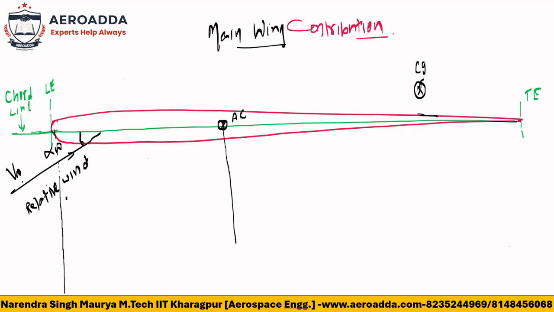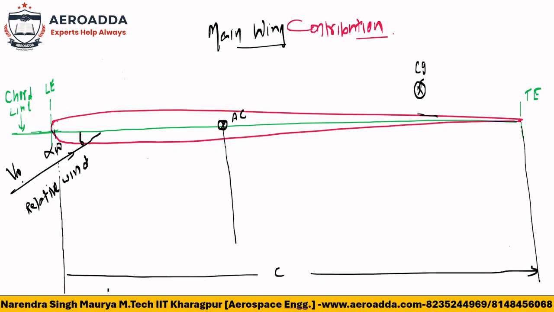The whole distance from here to here is nothing but c. This distance I can use to locate the aerodynamic center.